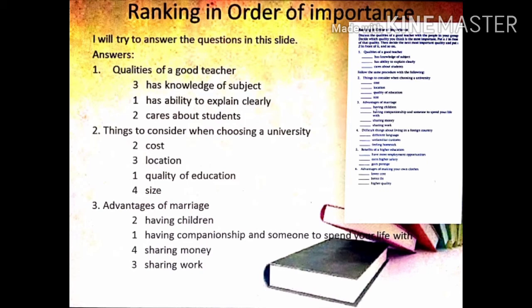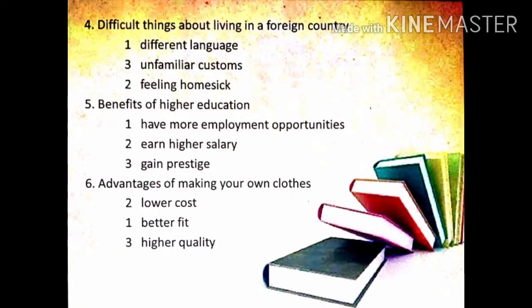Number 3, advantages of marriage. The first, having companionship and someone to spend your life with. The second, having children. Third, sharing work. And the last, sharing money. Next, number 4, difficult things about living in a foreign country.